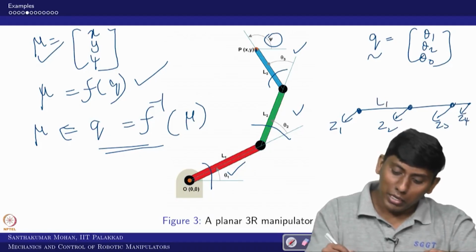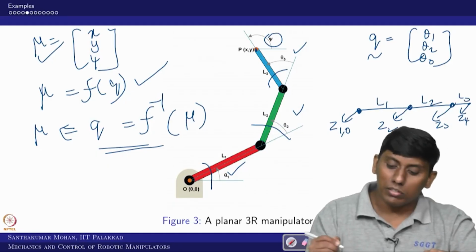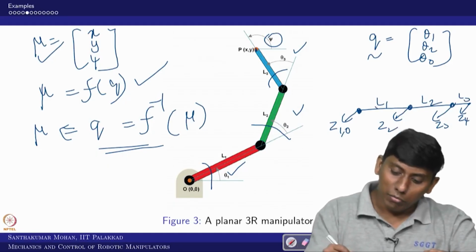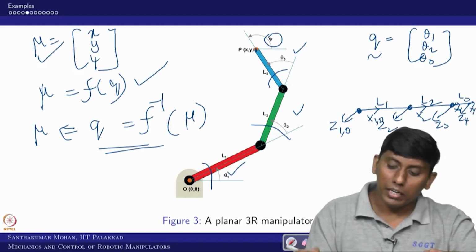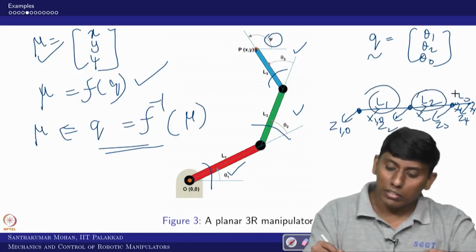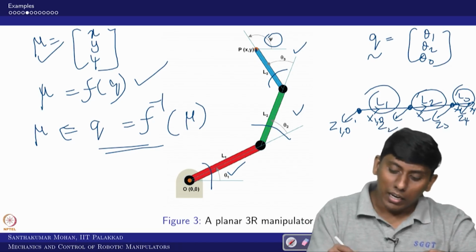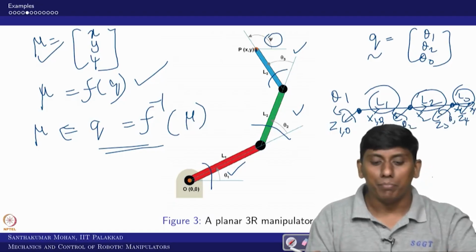In the sense this will be L1, this is L2 and this is L3, and I put Z0 also common. Then it goes X1, X2, X3 and X4, right? Like that I can draw, and then I can find these distances, and here theta 1, this is theta 2 and this is theta 3. Like that I can fix a frame, right?